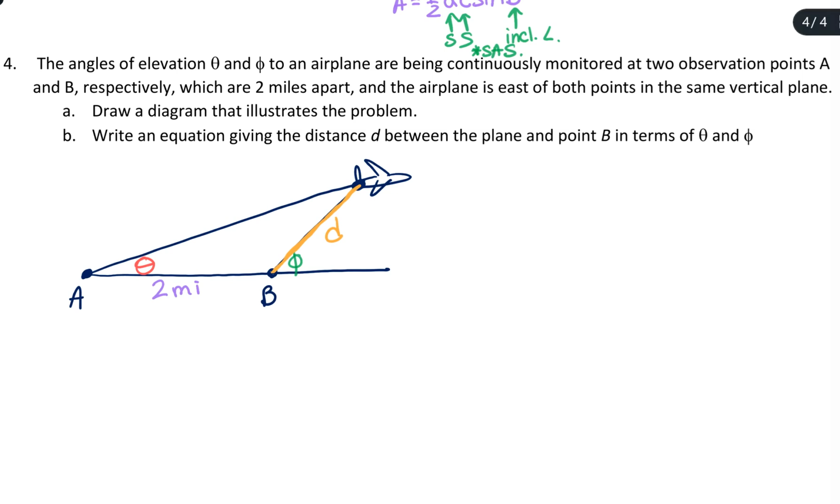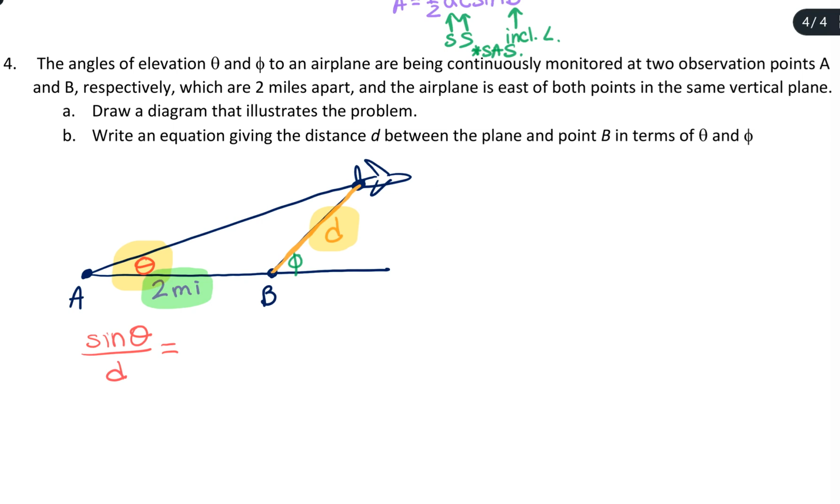All right, so what you might notice is that you already have one pair that you can use for the law of sines. We know theta, and we know side D because we need to solve for D in terms of theta. So I'm going to start with that: the sine of theta over D is equal to. Now, what I next notice is that I have another side.